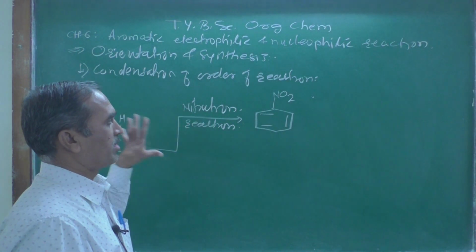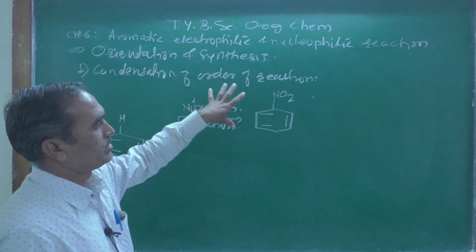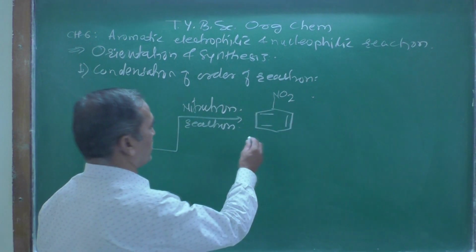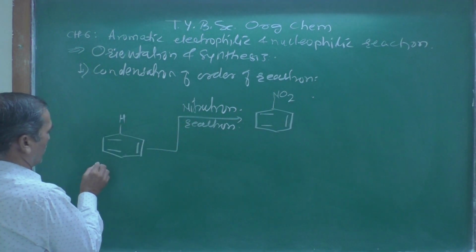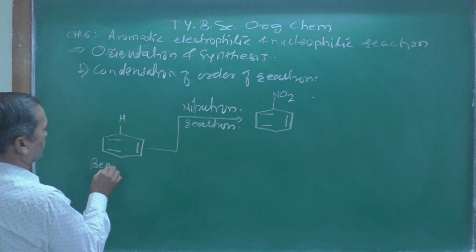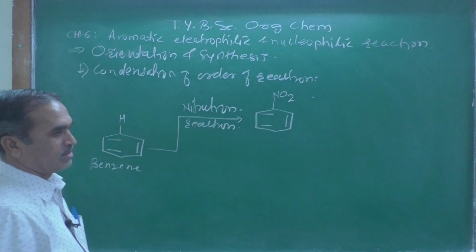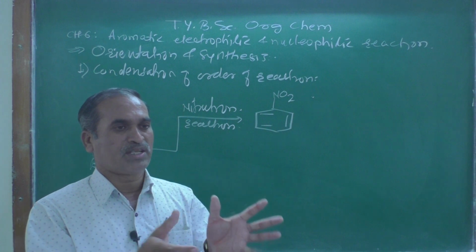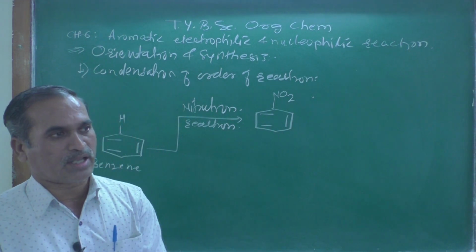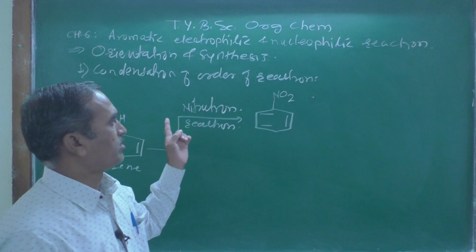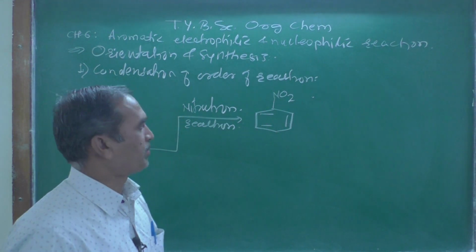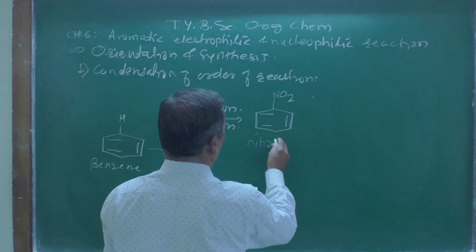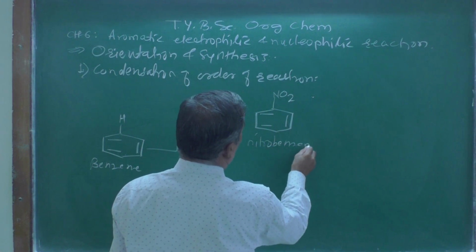This is the nitration reaction we have done here and we got nitrobenzene as the product. The starting compound is benzene, and when benzene is treated with nitrating mixture, the resulting product is nitrobenzene.